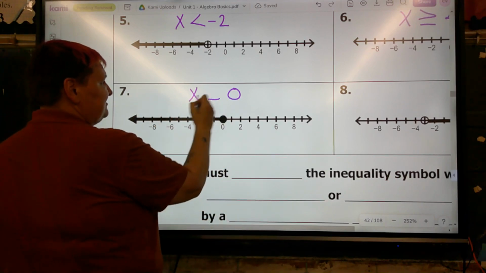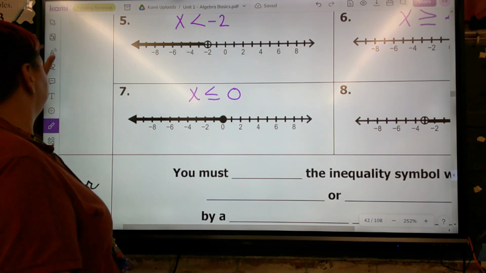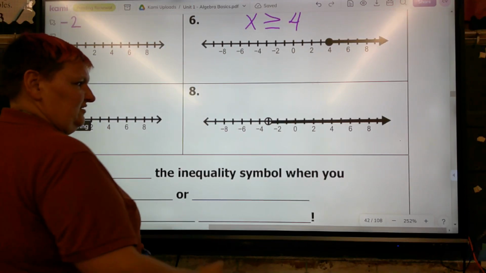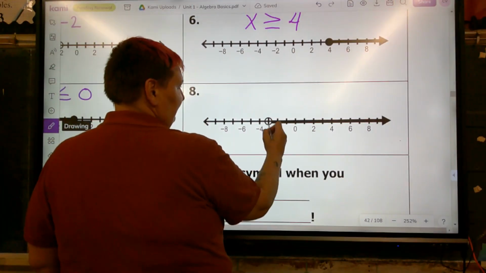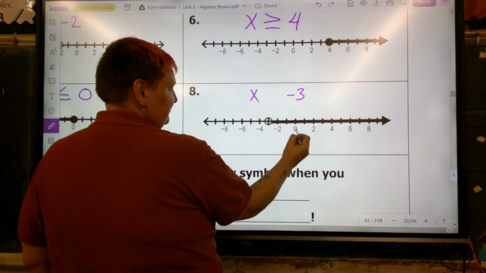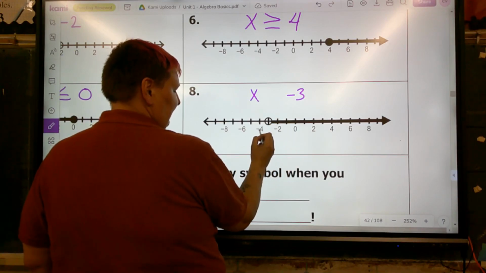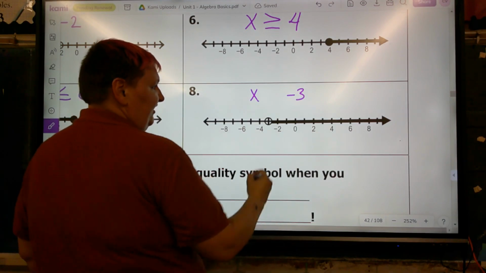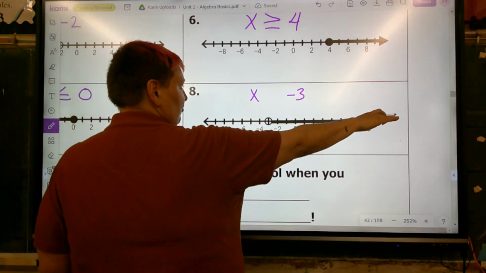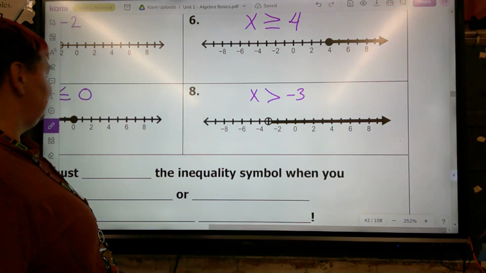And then it's less than, so do the less than symbol. We're at -3. You need to be able to figure out that that's -3 because this is 0, -1, -2, -3, -4. It's an open circle, so no equal to, but it's greater than, so we're going to do greater than. Makes sense.